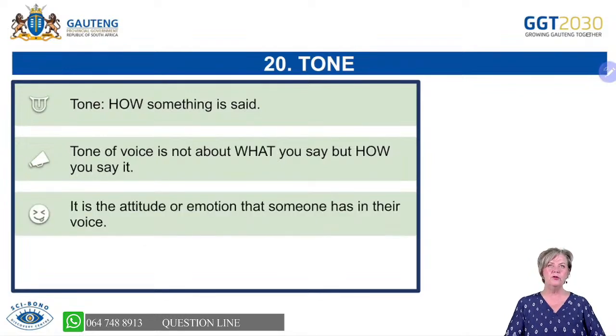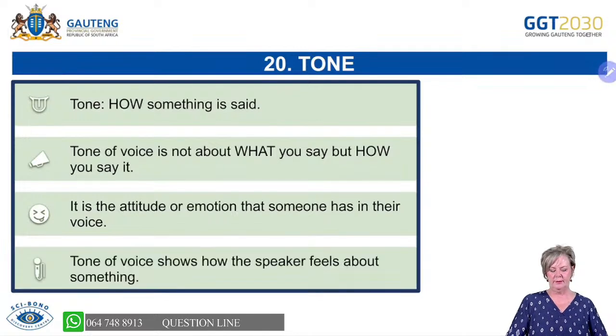It is the attitude or the emotion that someone has in their voice. Tone of voice shows how the speaker feels about something. Think about a common example from your own life. If your mother is upset with you, she will most probably have a strict tone.